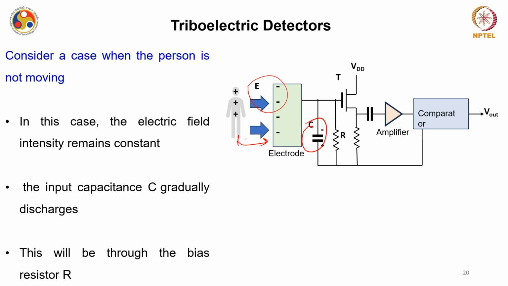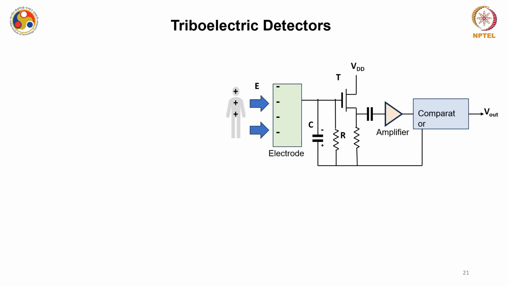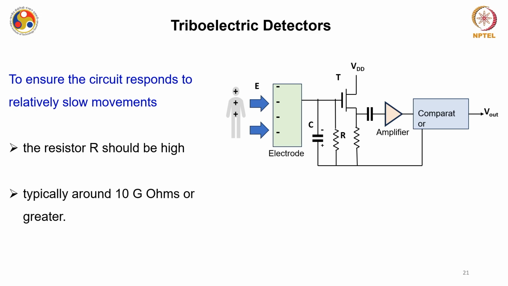This input capacitance will gradually discharge, and this discharge will be through this resistance R, which we call the bias resistor. To ensure the circuit responds to relatively slow movement, this resistor R should be very high, of the order of a few gigaohms.